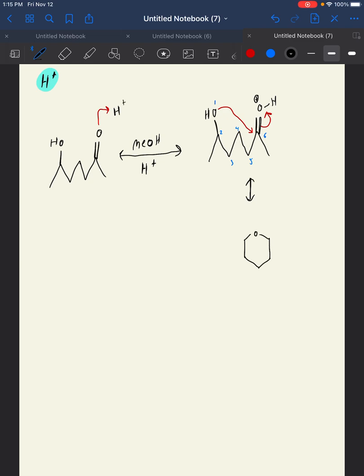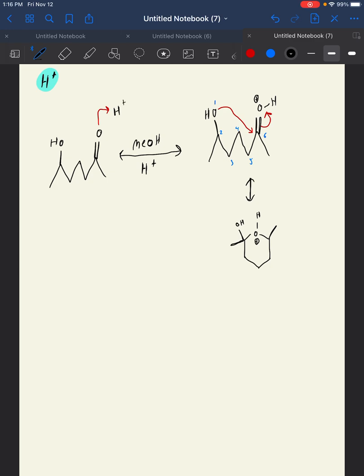Draw in a 6-membered ring. On the second spot, we have a methyl. Third spot, nothing. Fourth spot, nothing. Fifth spot, nothing. Sixth spot, we now have a methyl and an OH. And do remember, there is an H on this oxygen, so it is positively charged.